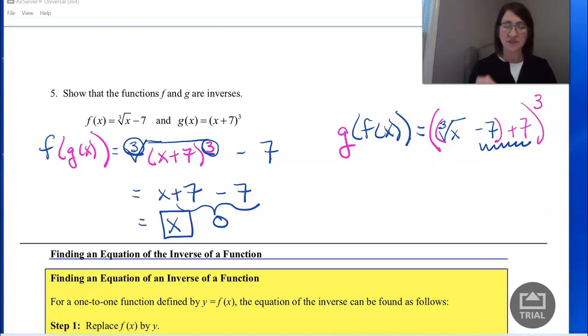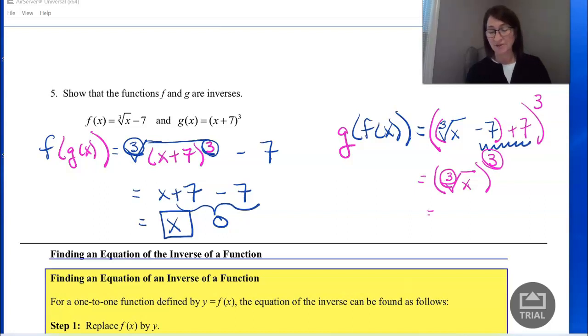So this is going to leave me with the cube root of x cubed. Well, my exponent and my index match, and so that shakes out my radicand of x. There we go. Both of my compositions equal x, so that proves that they are inverse functions.